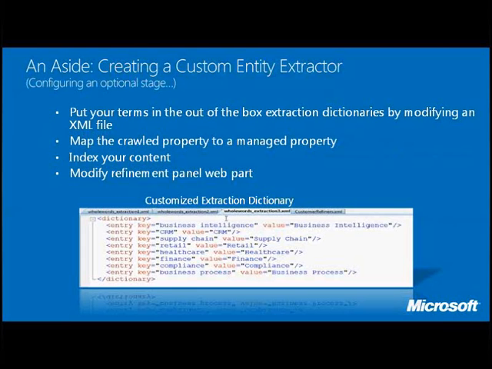One of the limitations here is that these entity extractors are case sensitive, which was not a design choice that I personally would have made, but that's the way that the product works. And so I don't tend to use these on my implementation projects. When I'm doing an implementation for a customer, I tend to shy away from these because I want a little bit more control over what I'm doing. I'll use the pipeline extensibility stage and write my own stuff.